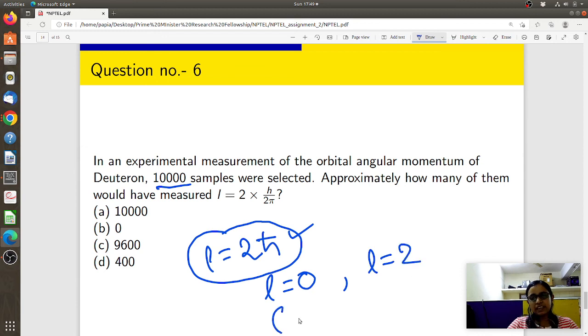L equals 0 is approximately 96%, and L equals 2 is approximately 4%. It was mentioned in the previous week's lecture.